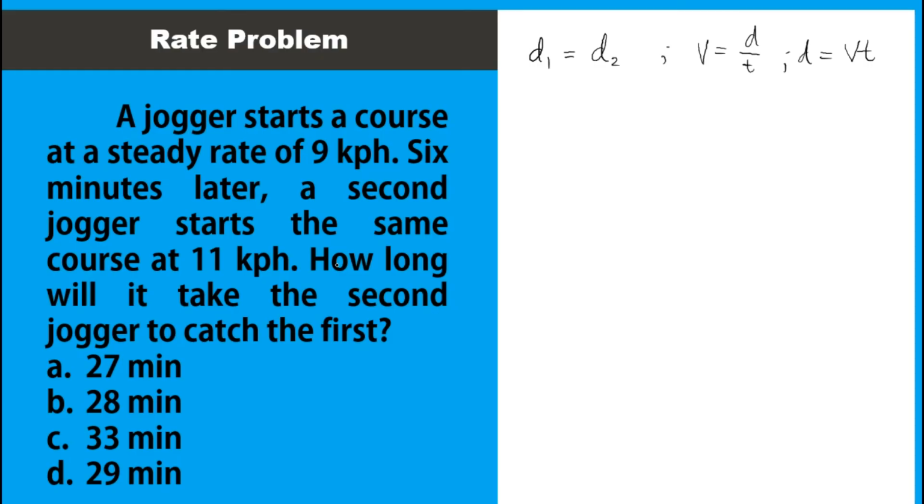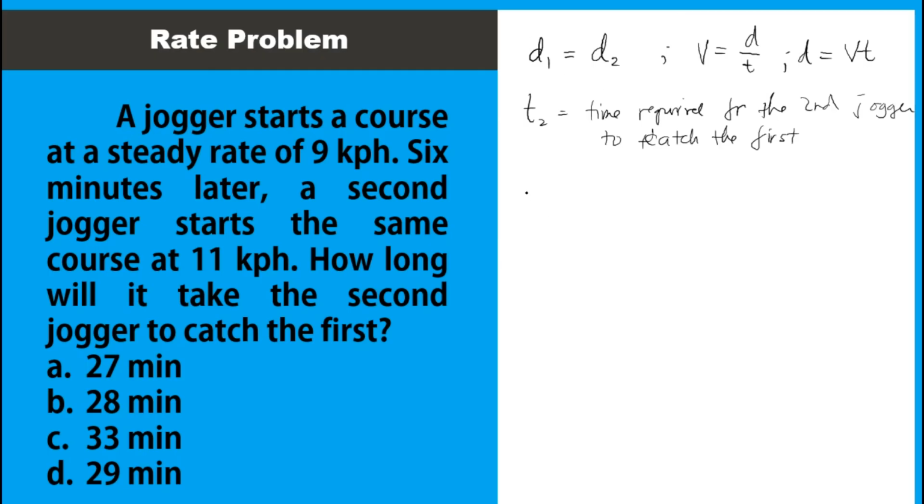So let's say that we are finding the time it requires for the second jogger to catch the first. We can say that t sub 2 is the time required for the second jogger to catch the first. So d sub 1 is equal to velocity times time.